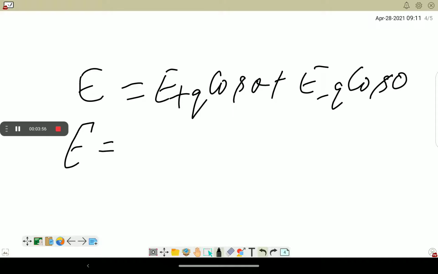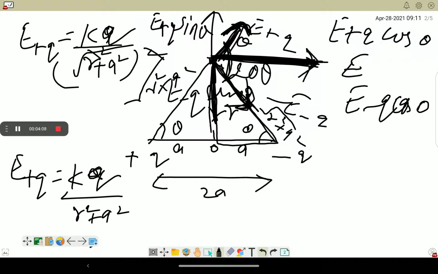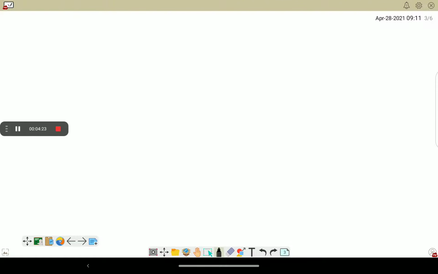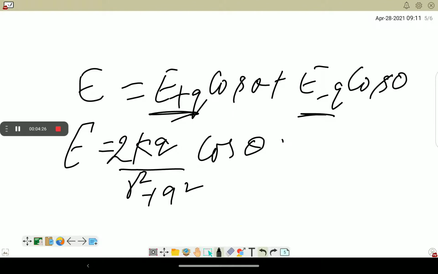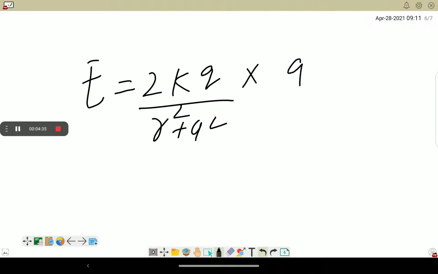Because the values for plus q and minus q are the same, kq by r square plus a square, we can write 2 kq by r square plus a square into cos theta. If you look at the figure, cos theta is base upon hypotenuse, which is a upon under root r square plus a square, that is, (r square plus a square) to the power 1/2.